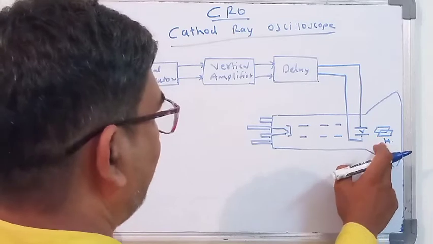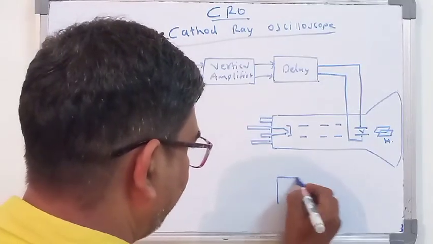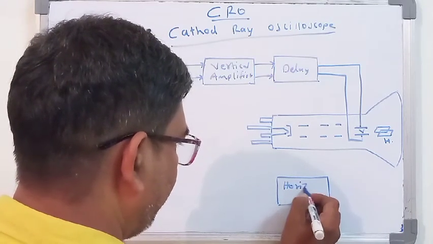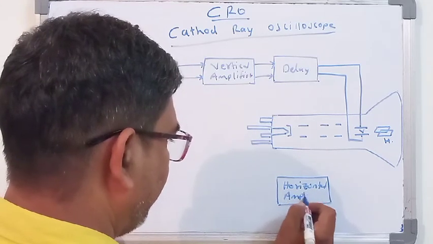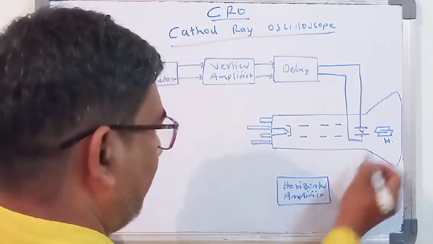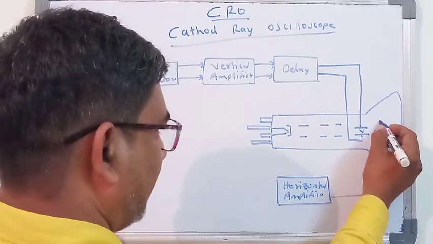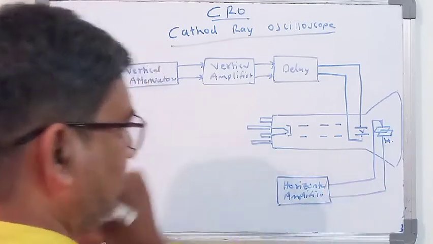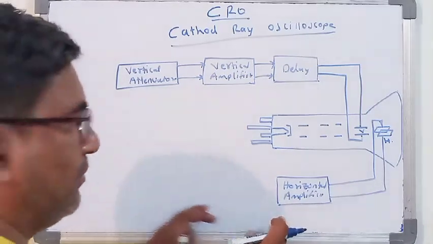Now this horizontal deflection plate has to be connected with the horizontal amplifier, one part and the second part like this. Okay friends, this diagram is very important.